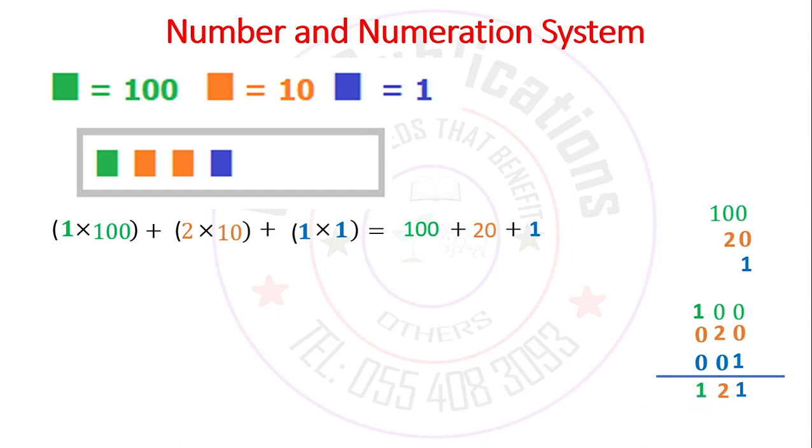1, 2, 1. You already know this. We've written it already. But we are carrying ourselves to this small level again. That will enable us to be able to write the numbers in words and figures.